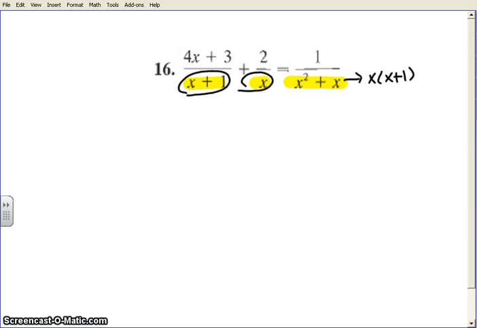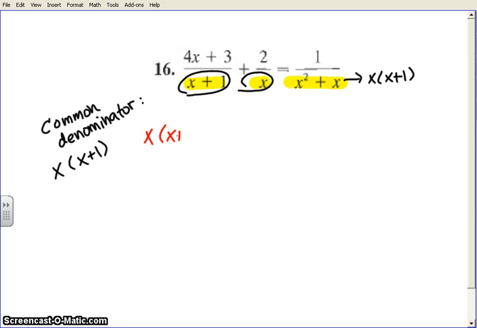So my common denominator is x times x plus 1. So x times x plus 1 multiplied on both sides of the equation will clear out the denominators.